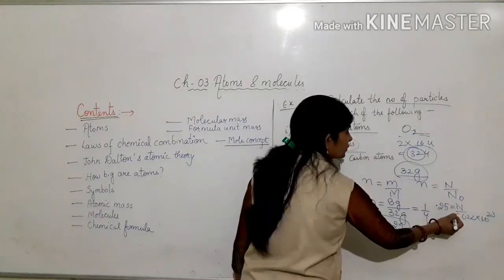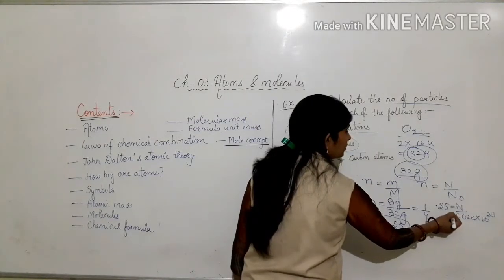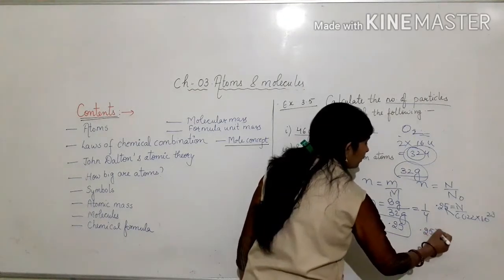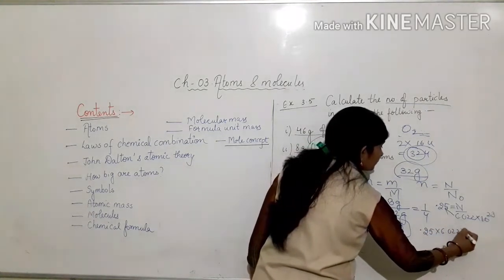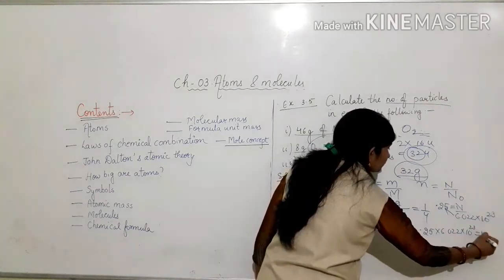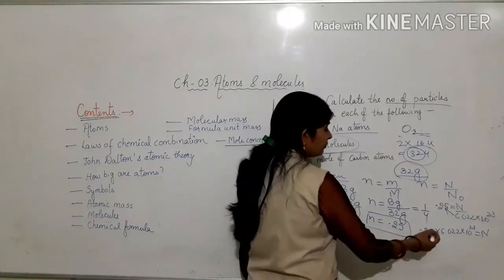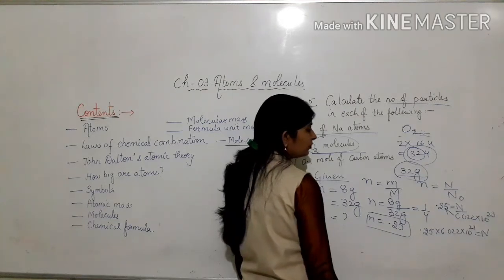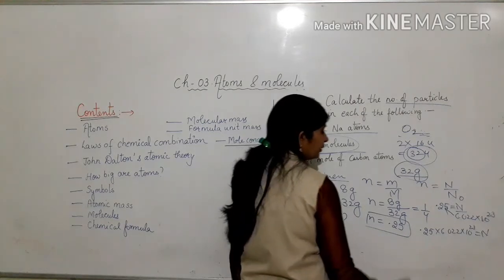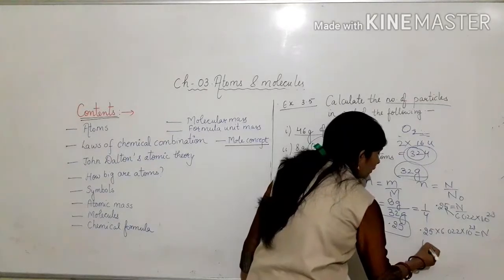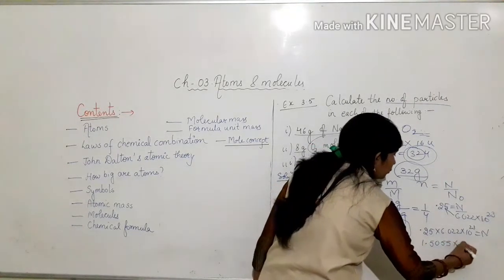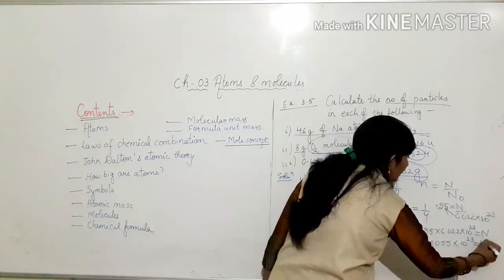Now transfer 6.022 into 10 to the power 23 from right to left. It will multiply 0.25. When we multiply 0.25 into 6.022 into 10 to the power 23, then we will have the value 1.5055 into 10 to the power 23 is equal to N.